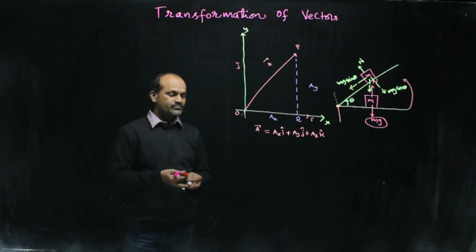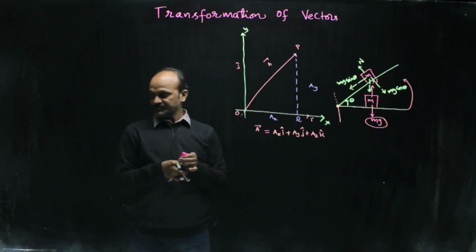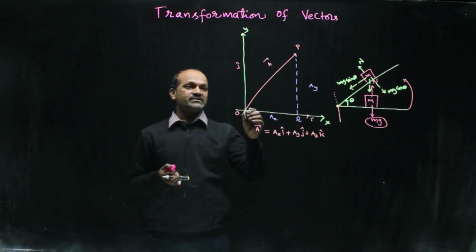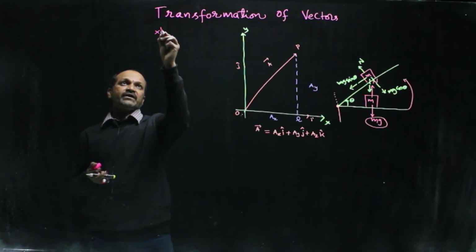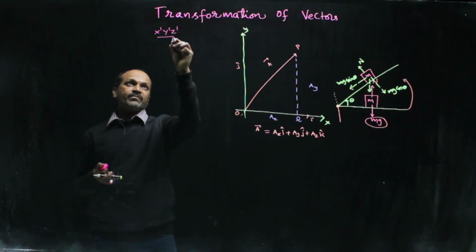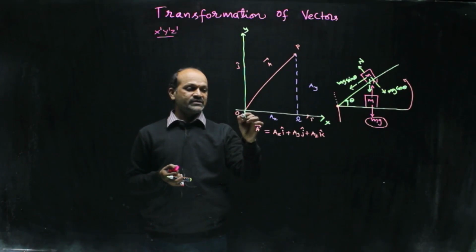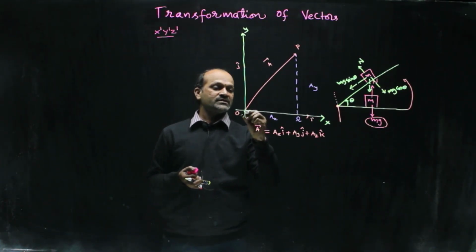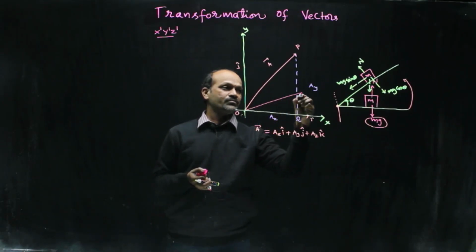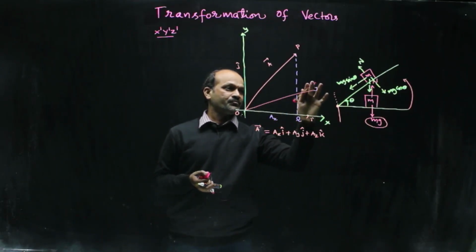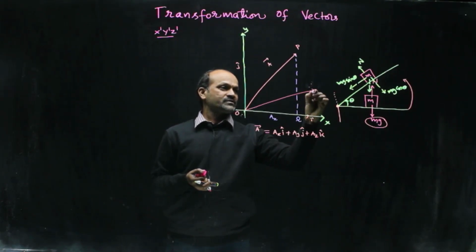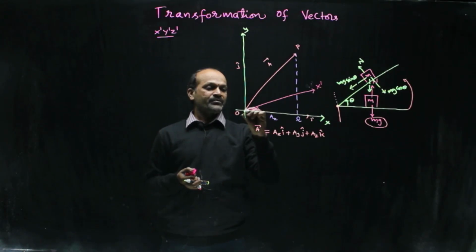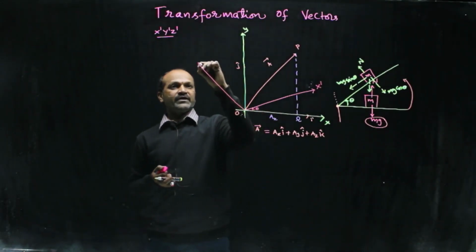Now, we will take another reference frame. Here it is xyz. Let us take the x dash, y dash, z dash reference frame. Here z dash and z coincide with each other. Let me draw x dash, which makes angle theta, and normal to this you draw y dash.